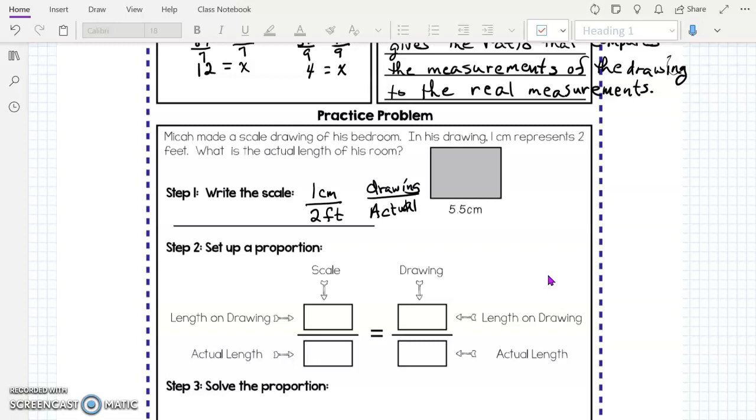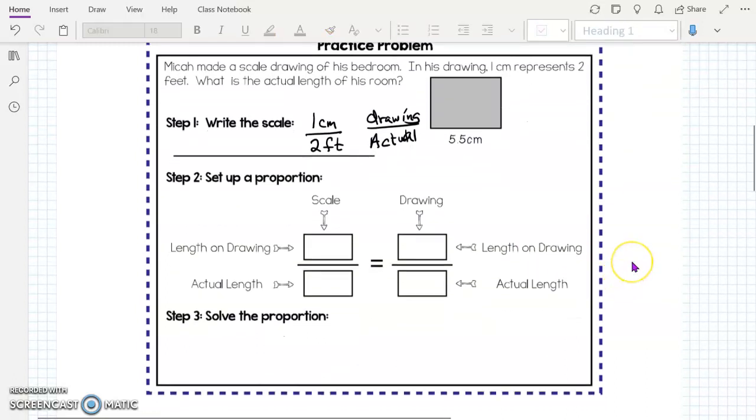Okay? So in step 2, we want to set up a proportion. So our scale goes right here. Length on the drawing, 1 centimeter, is compared to 2 feet. For this side, we are given the drawing size. Notice centimeters are on top on both fractions. We are looking for the actual size.